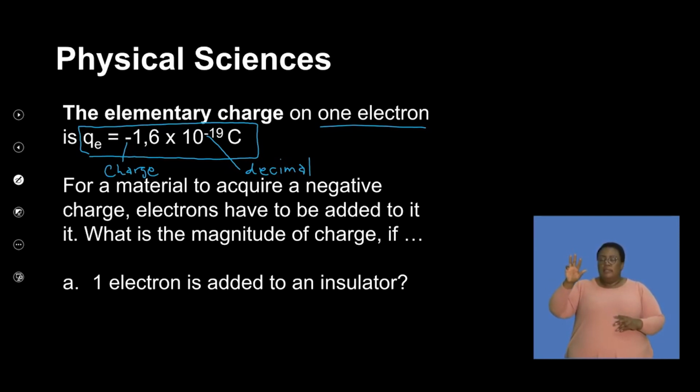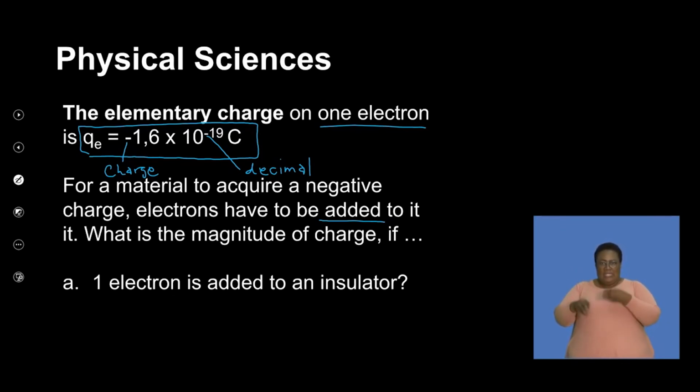Now, it says for a material to acquire a negative charge, electrons have to be added. But the magnitude of the charge that will arise will depend on the number of electrons that were added to attain that negative charge. So what is the magnitude of the charge if one electron is added to an insulator?